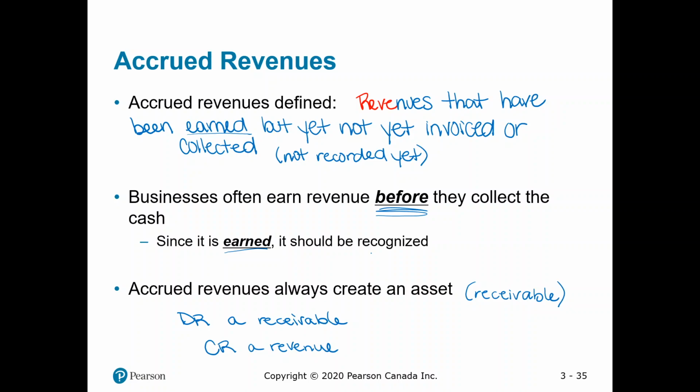But what if a project isn't completed and therefore no bill has been done yet? But if we've performed partial services, we still have some type of revenue. So this is typically where we're going to be accruing these type of entries, where no invoice has been recorded yet. So if a bill hasn't been done, we haven't booked anything yet. But we need to recognize this, so we'll record this journal entry to accrue that.